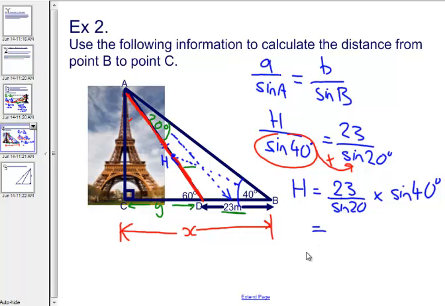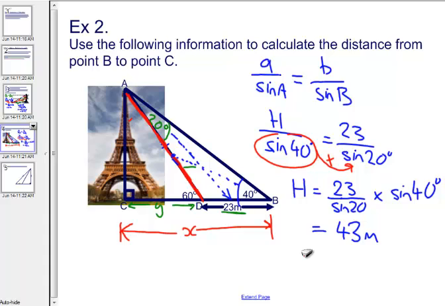Equals, grab the old calculator, work that one out. 23 divided by sine of 20 multiplied by sine of 40, and that gives us, I'm going to go to the nearest whole number for the ease of these examples, 43 meters.